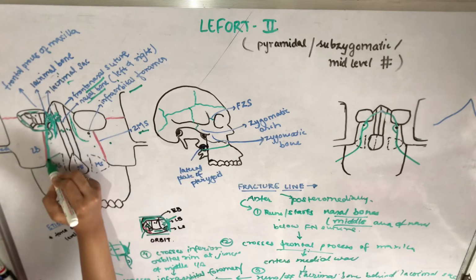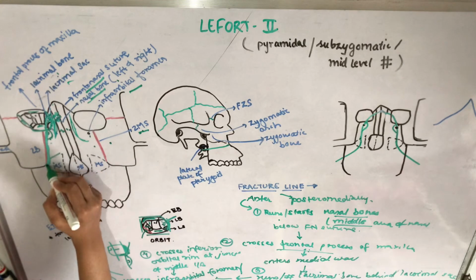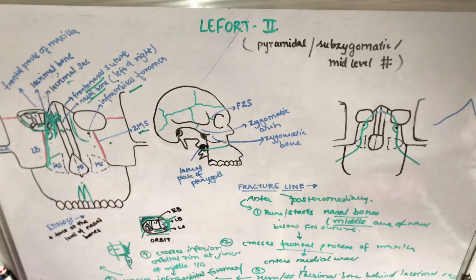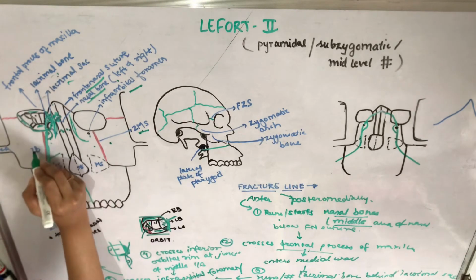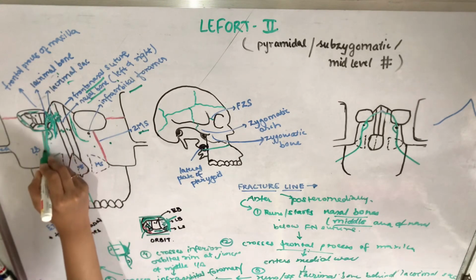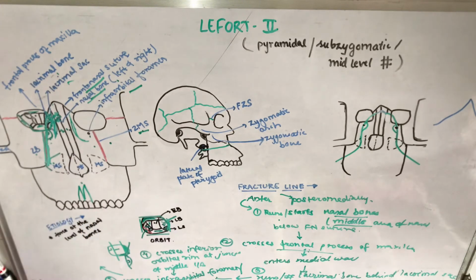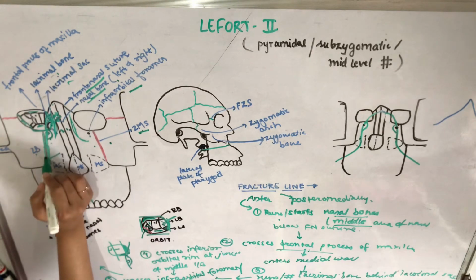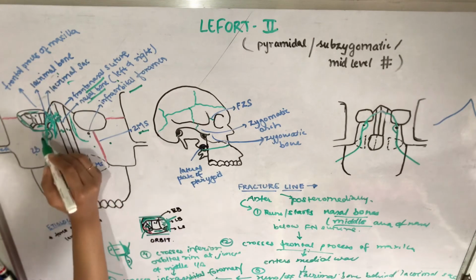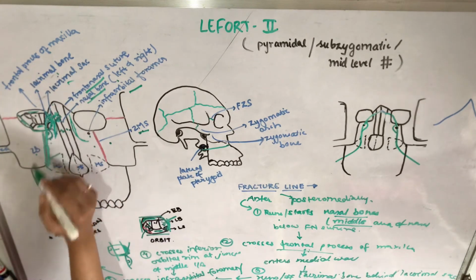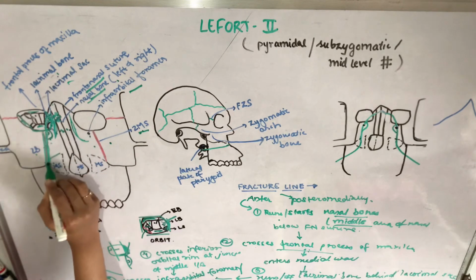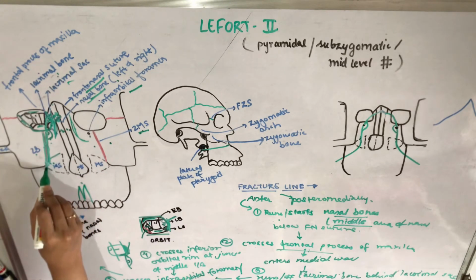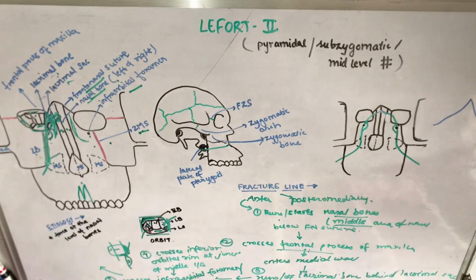So it crosses and it runs from this anterolateral wall of the maxillary sinus, which is beneath your zygomatico-maxillary suture. This fracture line, it is not going beyond this suture. So it is ahead of this suture, or it is beneath this zygomatico-maxillary suture, and then it crosses the anterolateral wall of the maxillary sinus. Now this was the next point, that is the sixth point, that is it crosses through the anterolateral wall of the maxillary sinus.